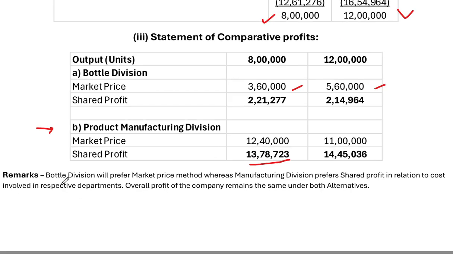So the final remark is that the bottle division will prefer the market price method, whereas the manufacturing division prefers sharing profit in relation to the cost involved in the respective departments. The overall profit of the company remains the same under both alternatives.